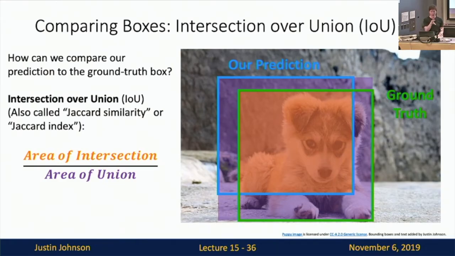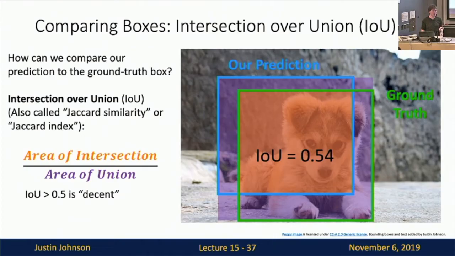You compute the intersection of the two boxes, which is again a box, shown here in this reddish-orange color on the slide, and then you separately compute the area of the union of the two boxes, which is the purple region together with the orange region shown on the slide. Then the intersection over union is just the ratio of the intersection region to the union region. For this example, our intersection over union is something like 0.54.